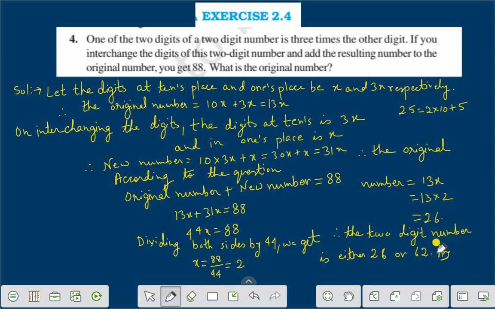That means we can say that the two-digit number may be 26 or 62. If we interchange the number, 26 becomes 62. Hence the two-digit number is either 26 or 62.